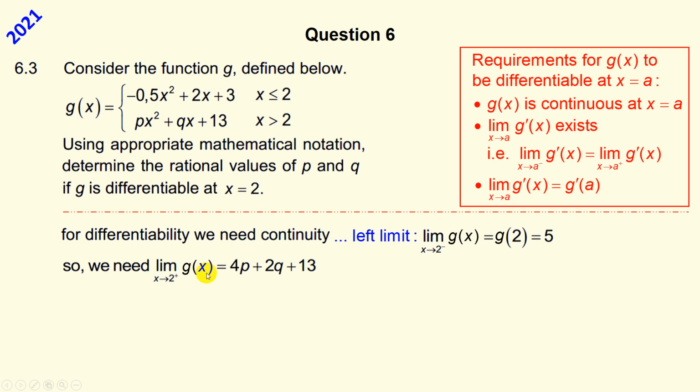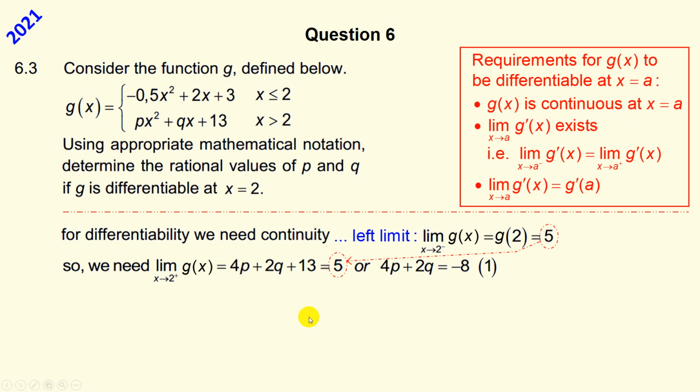So the right limit, as x approaches 2 from the positive side, we're going to substitute 2 into there, and we end up with 4p plus 2q plus 13, and it must equal 5. And that gives us, quite simply, that equation. Let's call it number 1. So this is now using the requirements for continuity: left limit equals right limit.